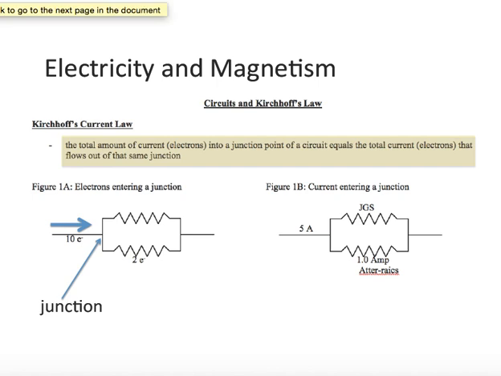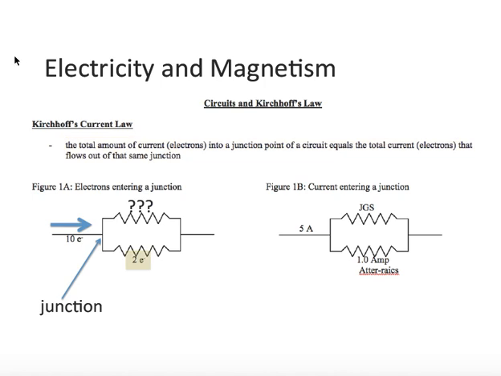And so these electrons, for the sake of argument, we'll say they're flowing east. Notice we have two electrons that move in this direction. So the question is, how many electrons have to head here? Well, if we look at Kirchhoff's current law, it gives us the answer. The total amount of current or electrons into a junction point of a circuit equals the total current or electrons that flow out of that same junction.